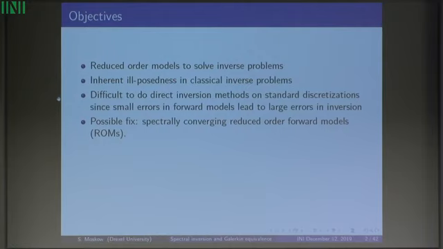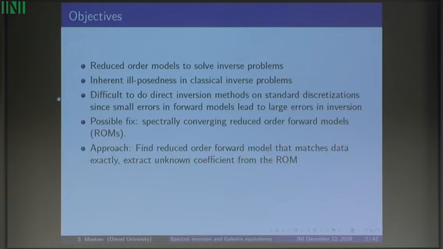Is there a way to do direct inversion methods based on that model? If you want to solve an inverse coefficient problem for a PDE, everybody knows that if you just do finite differences on the PDE and try to algebraically extract the unknown coefficient, you're going to get garbage.